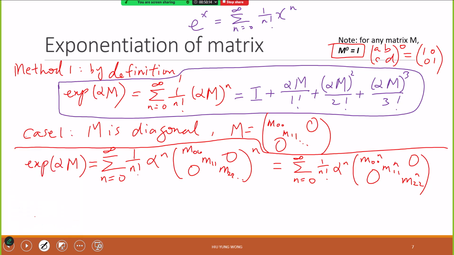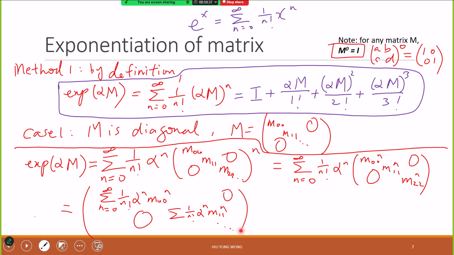And because of this, this is just equal to the summation for each term, n equal to 0 to infinity, of 1 over n factorial, alpha to the power n, m00 to the power n. And then the second term is the sum of 1 over n factorial, alpha to the power n, m11 to the power n, and keep going. Right? Do you see that? Because this is just adding all of them.